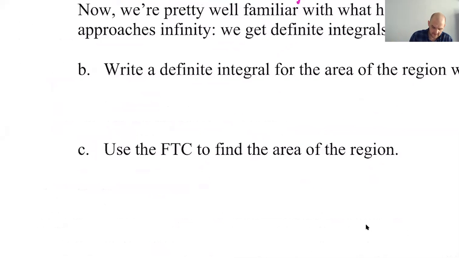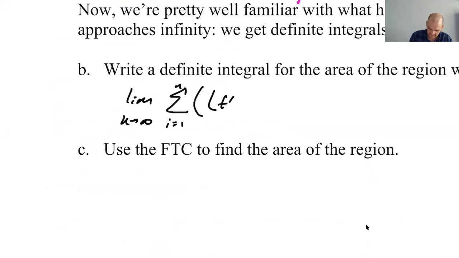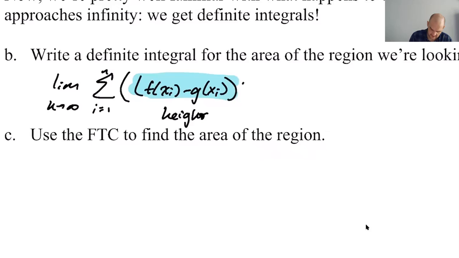I'm going to write the limit as n approaches infinity of the sum from i equals 1 to n of f of x sub i minus g of x sub i. And then multiply that. This is the height. And then times the base.